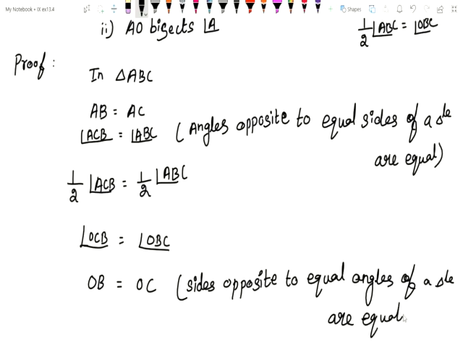Using this theorem, we are saying OB equal to OC. So therefore, OB equal to OC. We proved the first one. Now we move on to the second one.